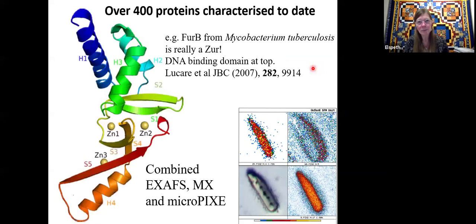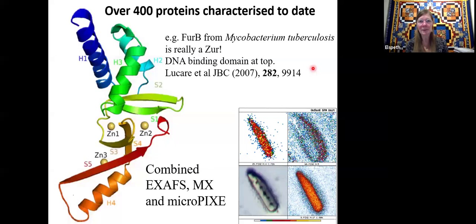Just one example until I tell you the bad news from the PDB, is this ferric uptake regulator, which was thought to be binding iron, and therefore the mechanism had been worked out for it, a ferric uptake regulator from Mycobacterium tuberculosis. But there was something that didn't tie up with the EXAFS data.